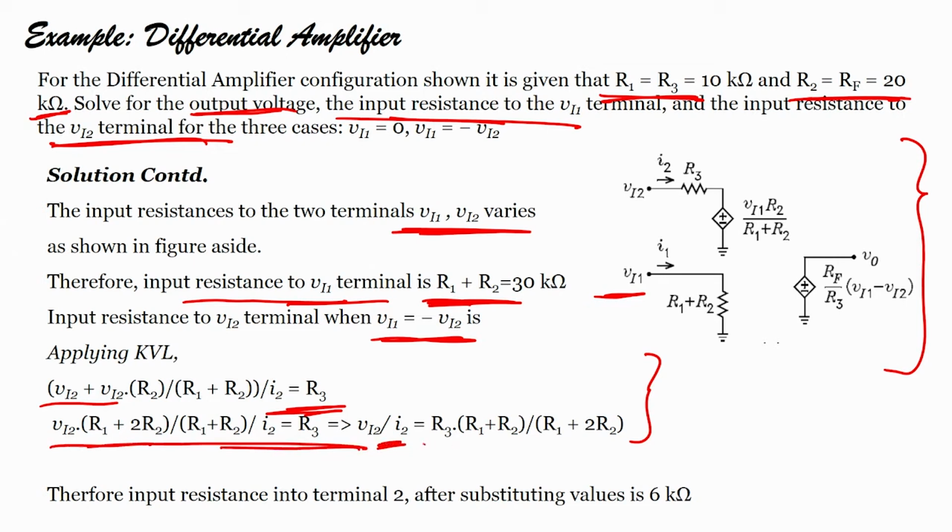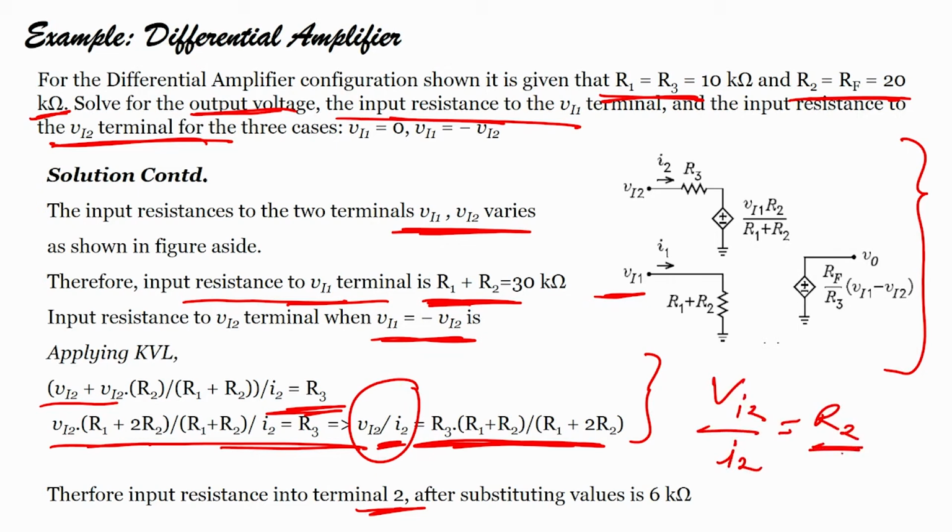Vi2 by I2 equals this particular value. So, the input resistance into terminal 2, after substituting the values: Vi2 by I2 is nothing but the input resistance to terminal 2. If we substitute the values, what will I have? 6 kilo ohm, I have a value of 6 kilo ohm.